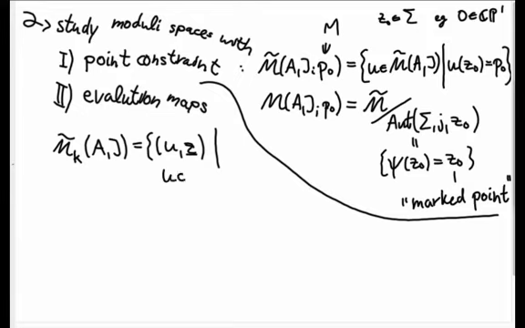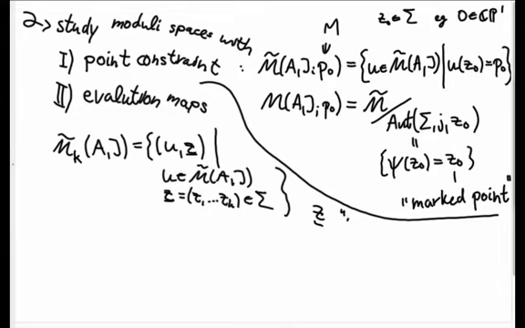So these are pairs of a holomorphic map and a tuple of points in my surface. And usually there's going to be some constraint that I don't want any two of them to be the same. But let me not get there right now. So now the mark points are sort of extra data. So these Z are also called mark points.